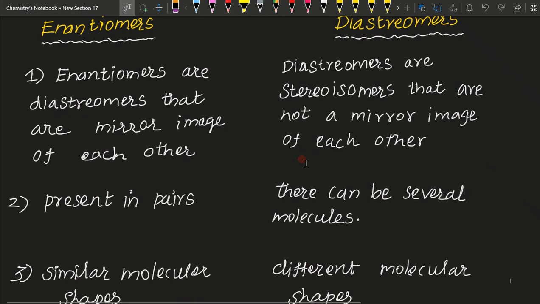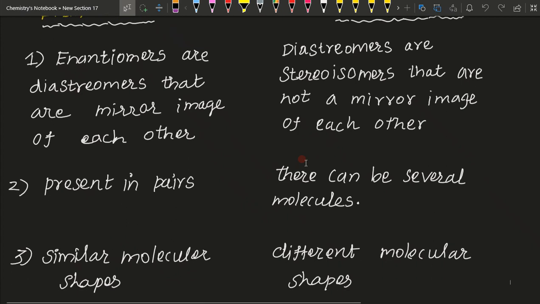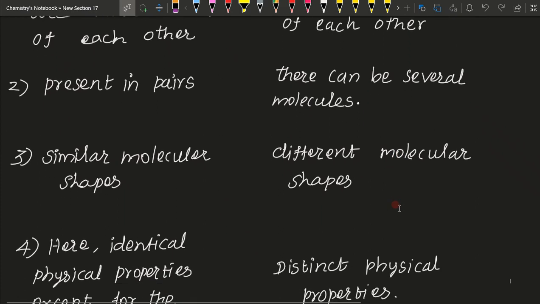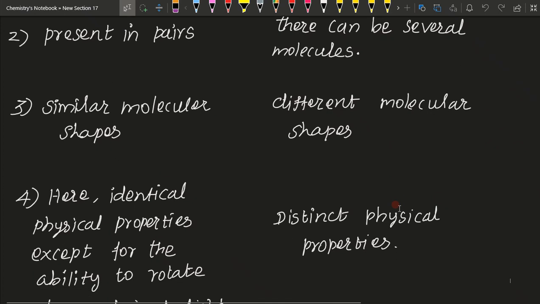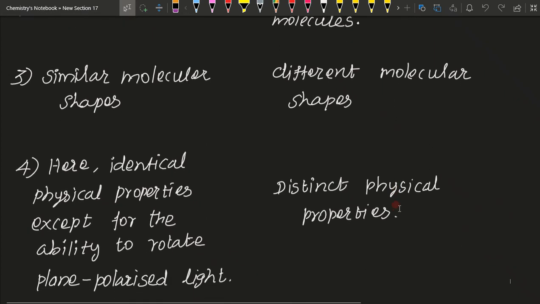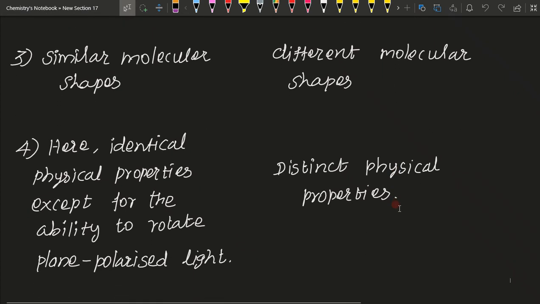Second, enantiomers are present in pairs, while there can be several diastereomer molecules, with no pairing. Enantiomers have similar molecular shapes, but diastereomers have different molecular shapes. Enantiomers have identical physical properties except for the ability to rotate plane polarized light. Diastereomers have distinct physical properties.